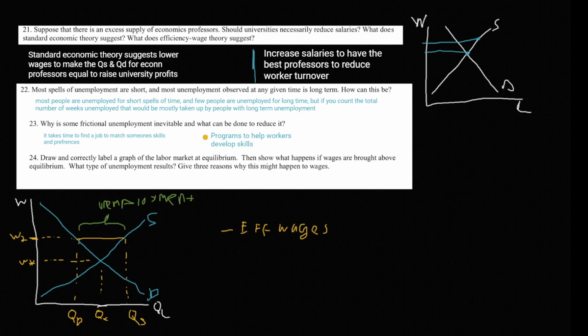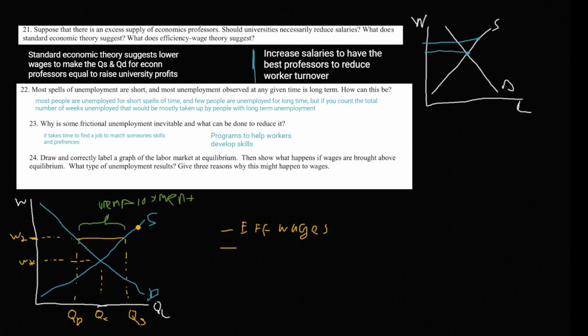We have this company that's like, all right, we're going to pay you more than the equilibrium wage so that we can have better workers that don't just goof off and are going to make our company more productive. It's okay that we're paying them a bit more because they're going to be more productive. But that means there are going to be people who want to work there, and the company's like, I can't hire that many workers because we increased the wage. So that's going to create some unemployment.